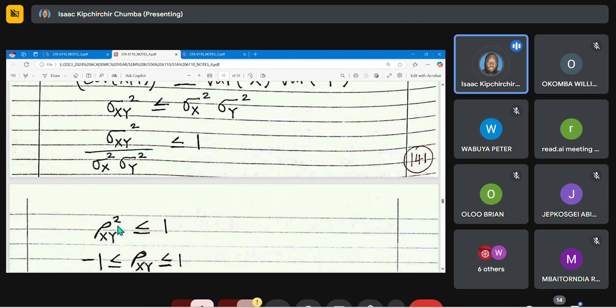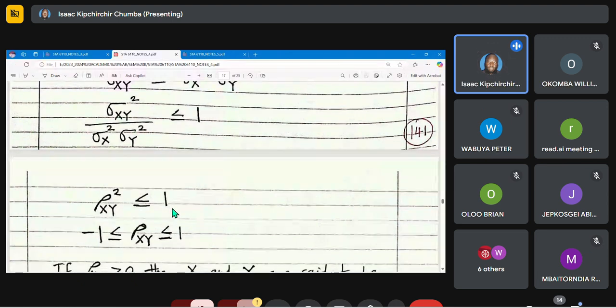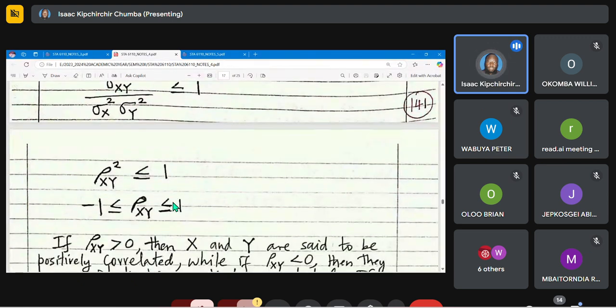So rho xy squared is always less than or equal to 1. What it means is that rho xy itself lies between -1 and 1, inclusive.